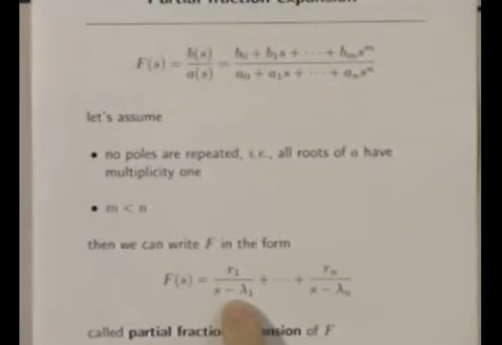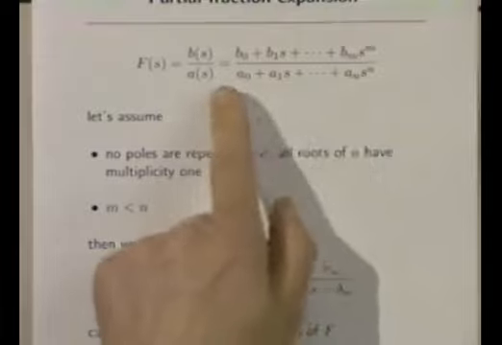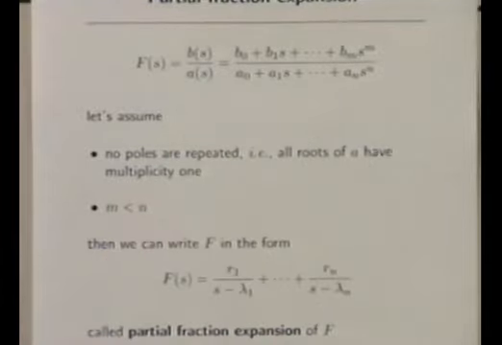Now, this actually only works when the poles, or the roots of this polynomial A, are all different. They have to be all different. You can't have repeated poles. Okay? We'll look at that later. But what's interesting about this is that it's sort of like one of these canonical forms in logic. There are a couple of different canonical forms, and they're useful for different things.